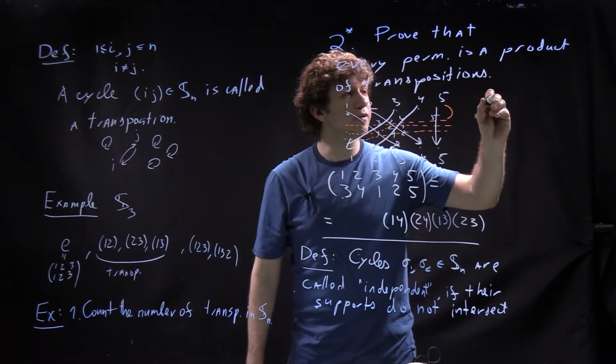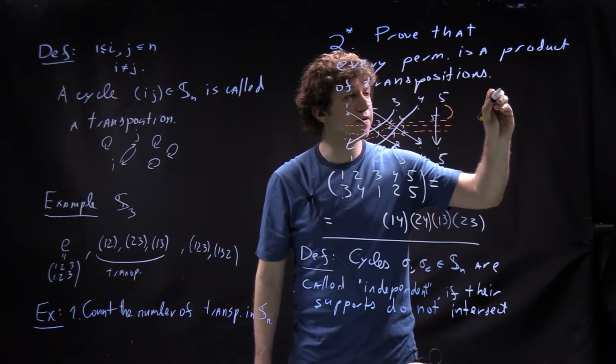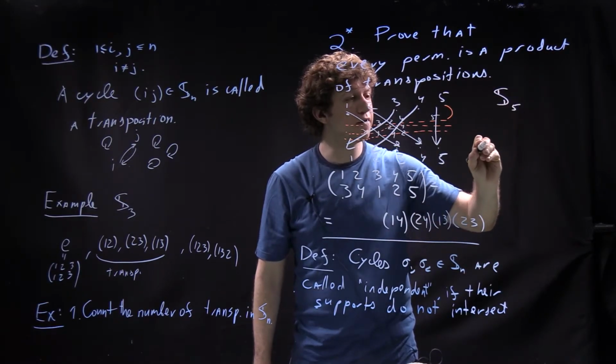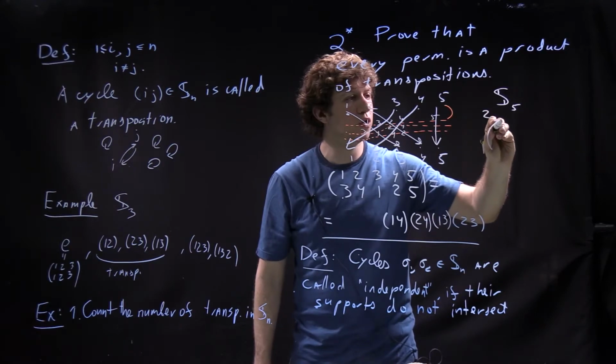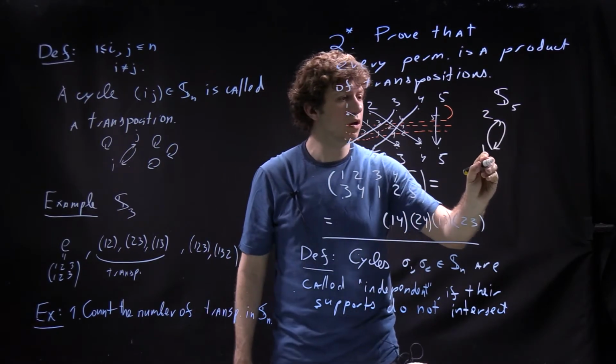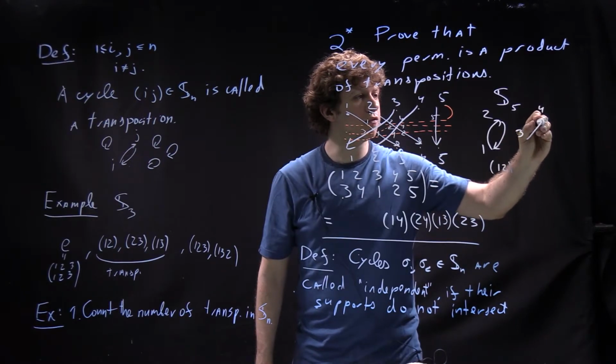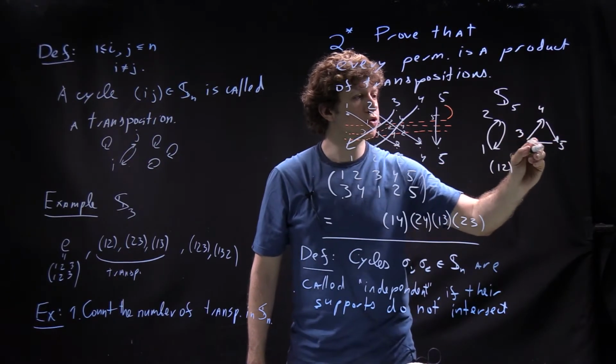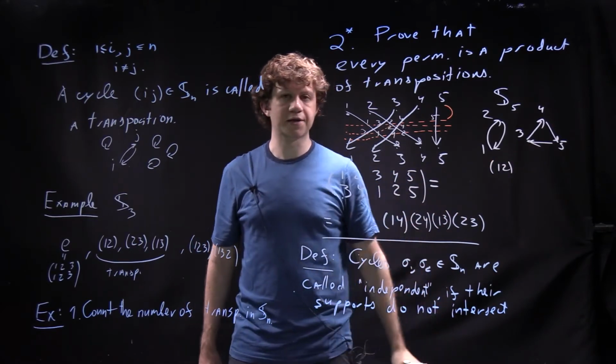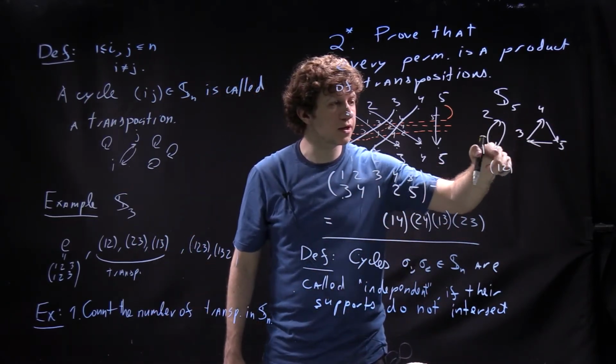An example will be, for instance, if I have S5 and I have a transposition 1, 2, and I have another cycle, for instance, 3, 4, 5. These 2 are independent, because nothing intersects here.